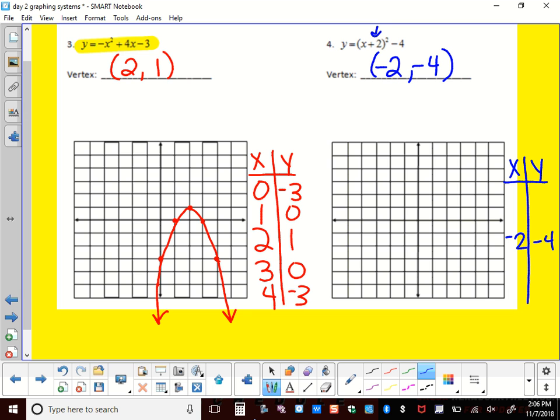Anybody? Negative 3, negative 3. Negative 3, negative 3, okay. Negative 4, 0. Alright, so we have negative 1, negative 3, and 0, 0. Okay. So go ahead and plot these on your paper.